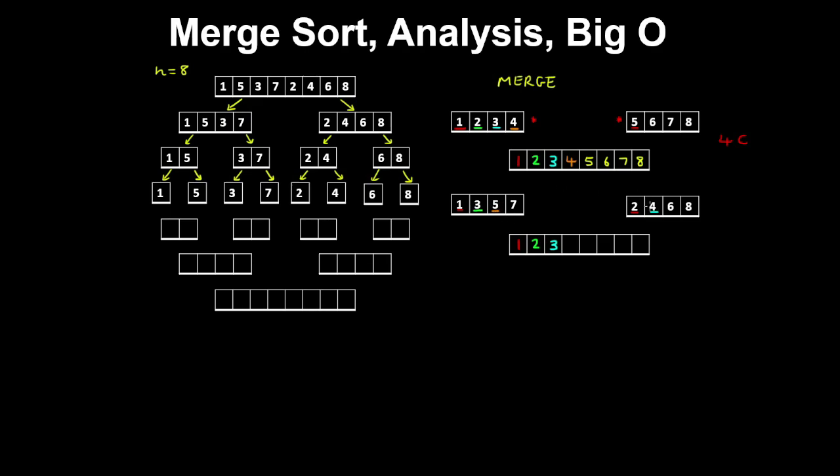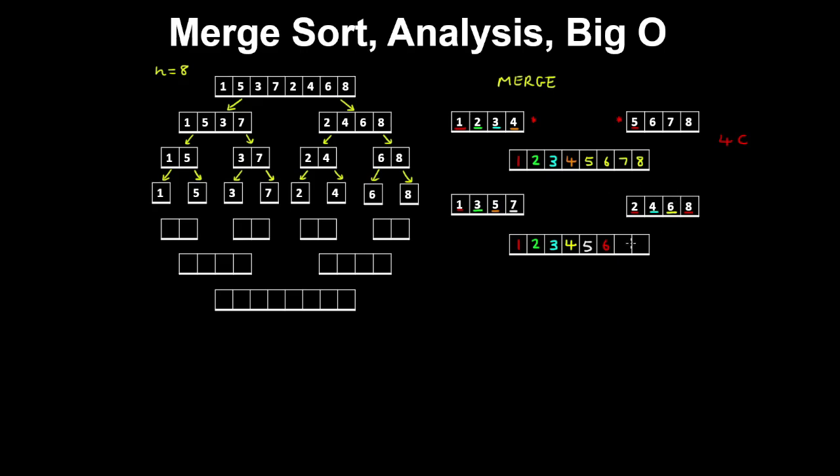And then 5 gets compared with 4, 4 is less than 5, and therefore the iterator shifts in the right array. And 5 gets compared with 6, 5 is less than 6, so the iterator shifts to the final element. And then 7 gets compared with 6, and 6 is less than 7, so the iterator shifts to the right.